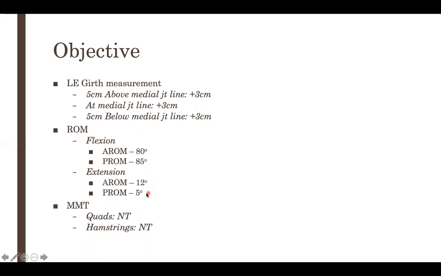She started out at 12 degrees actively and 5 degrees passively for extension range of motion. We did not do a manual muscle test for the quads or hamstrings at the first visit due to patient acuity and swelling status.